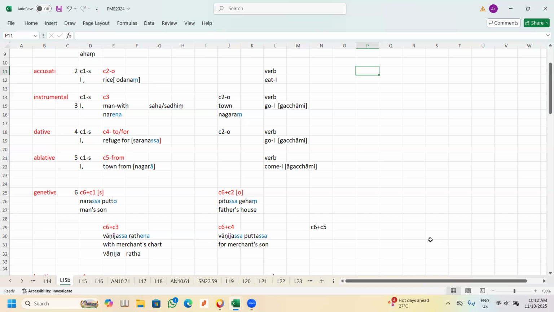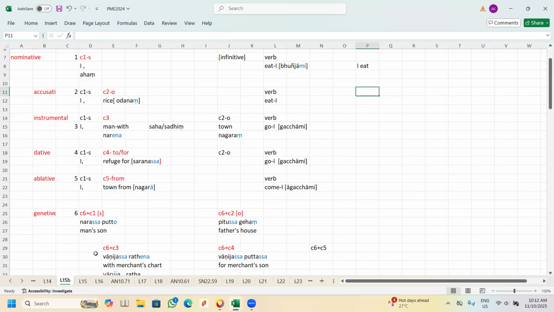For instance, when you use a genitive case, this becomes the subject, and this becomes the object. So this is pairing, like man's son, father's house.